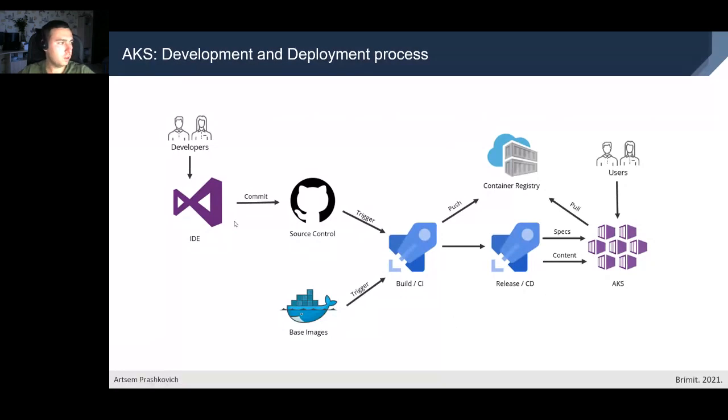When developers work locally, they put some code in the repository, commit it, and create the pull request, which triggers the build pipeline, the continuous integration pipeline.